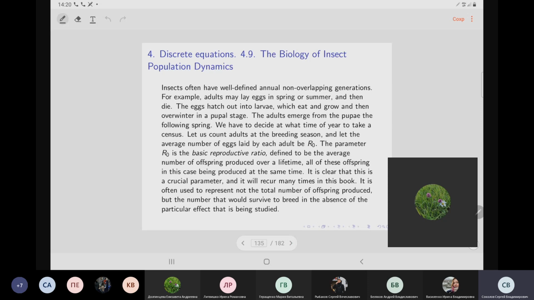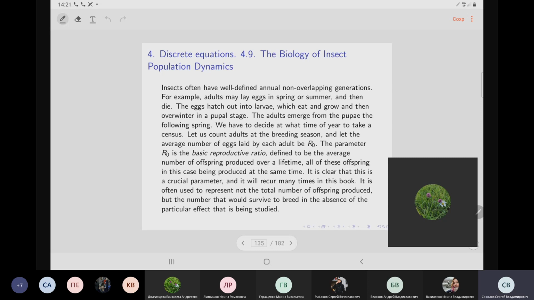The insects have annual non-overlapping generations. So the generations of mothers, bees, never see the generation of their kids. When the kids hatch out from eggs, the mothers and fathers are always dead, all of them. So the generations are non-overlapping, and we have to use a discrete equation for this situation.